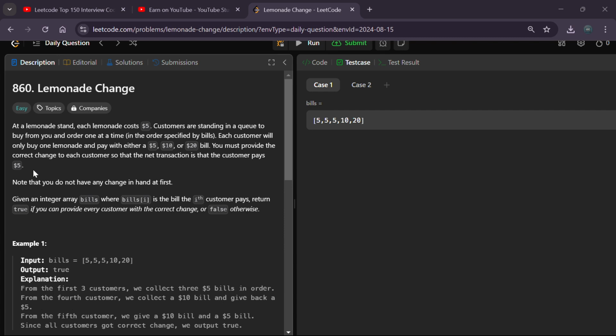Same with the $20 bill. If the customer pays with a $20 bill and takes the $5 lemonade, you should provide $15 in change. So you must provide the correct change to customers.